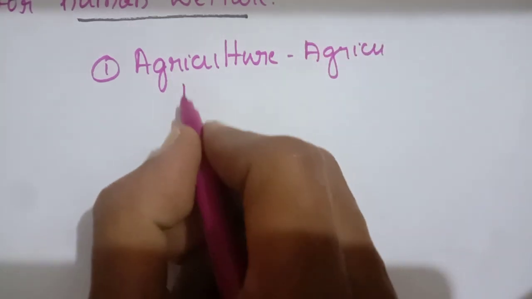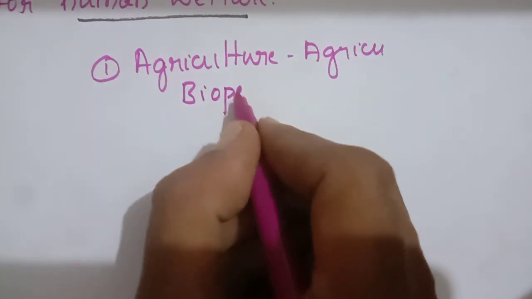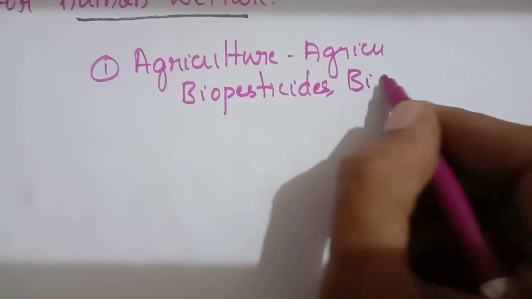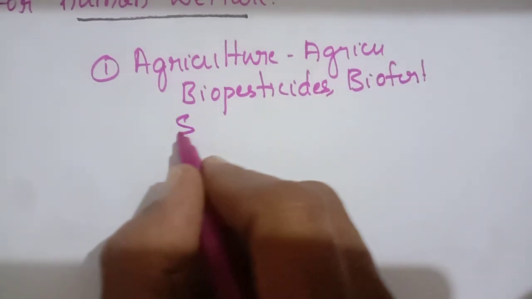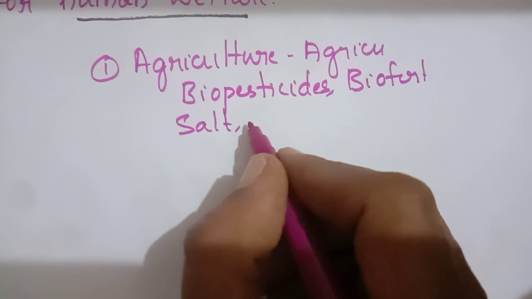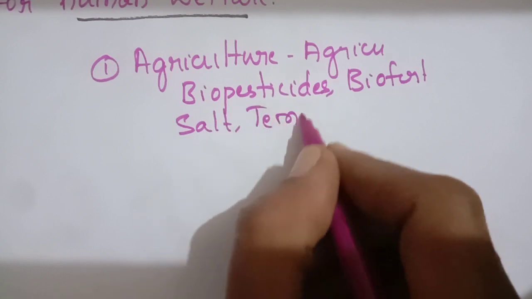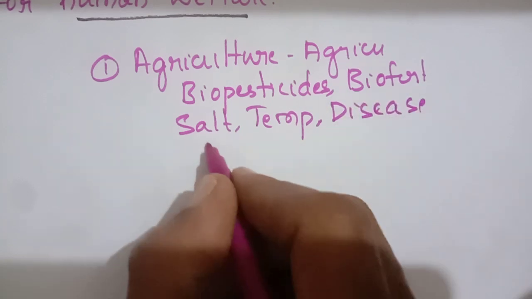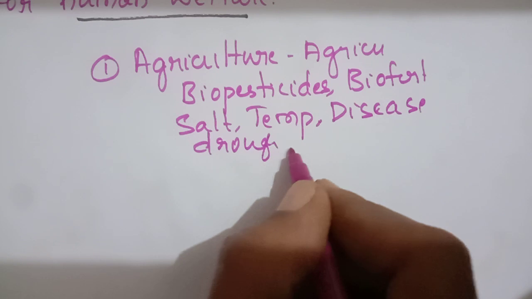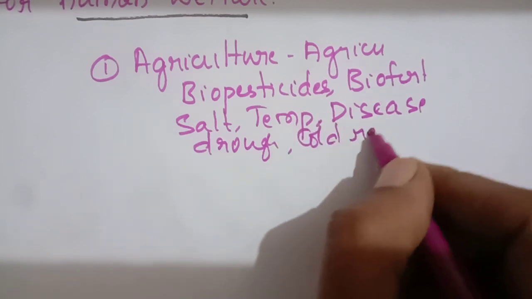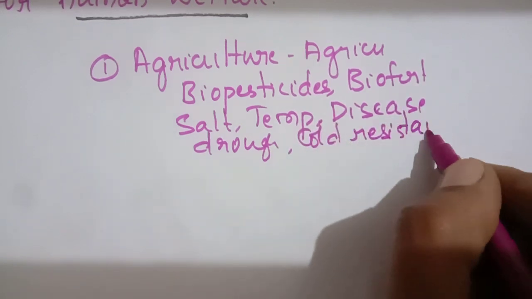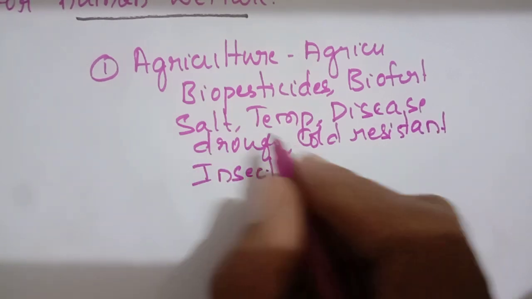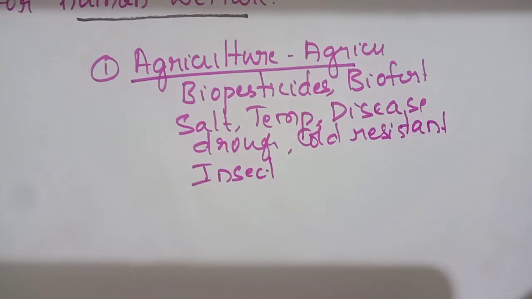For example, we can produce biopesticides, biofertilizers, salt tolerant, temperature tolerant, disease tolerant, drought tolerant, cold resistant plants, and we can develop insect resistant plants. This is with respect to the agriculture field.